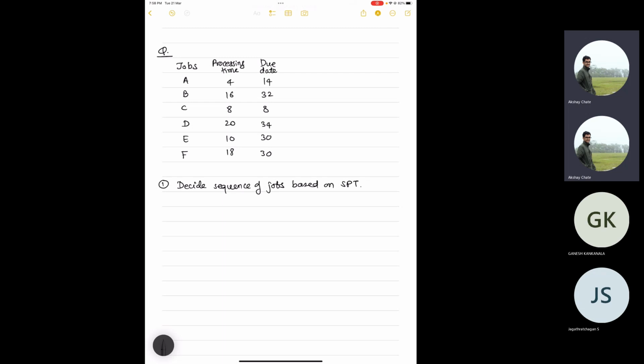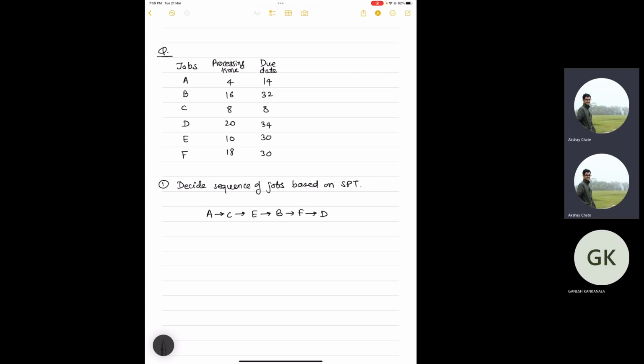As the name suggests, in this method you decide the sequence based on shortest processing time. If you look at the processing time column, job A takes the least time, then C, then E, then B, then F, and then D. You have this sequence because of this keyword. If it is a different keyword, then the sequence will change. But let's stick with this keyword for this question.